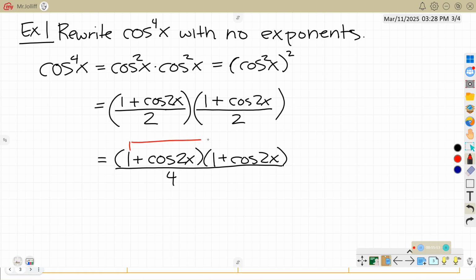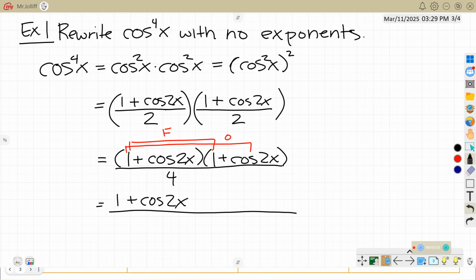So first, 1 times 1 is 1. We like that one. Outer is going to be a 1 times a cos 2x, which is just cos 2x. Very good.